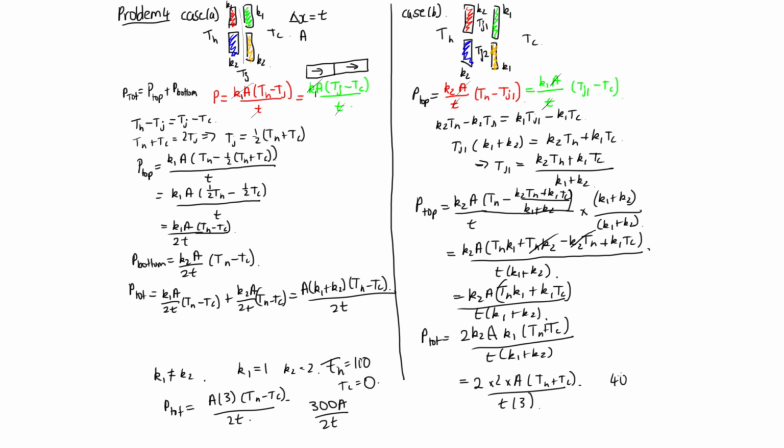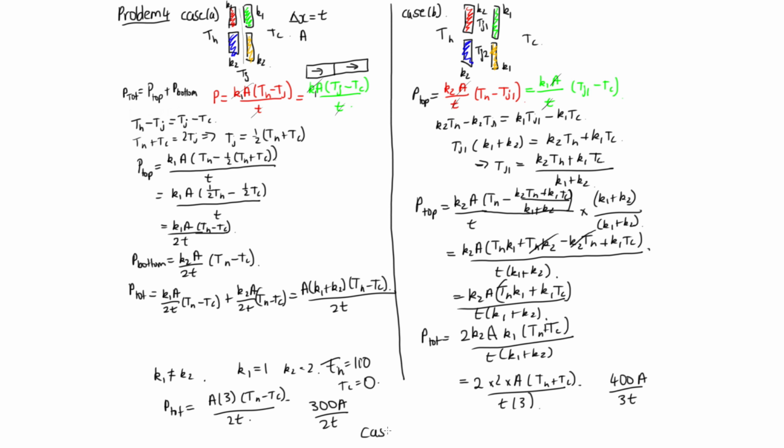So that would be 400A over 3T. A on T is a common factor. So this is 150 A on T. This one is 133 A on T. So this one, case A, is bigger.